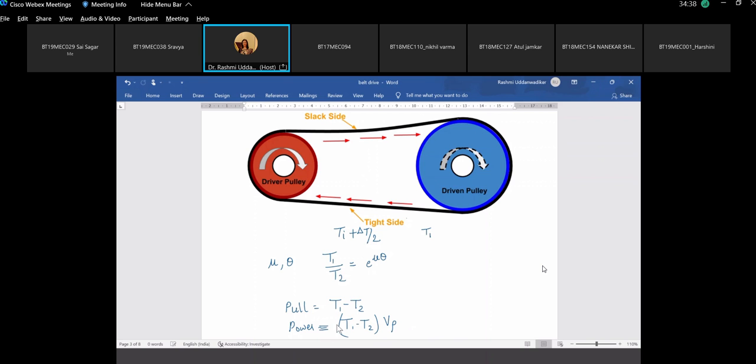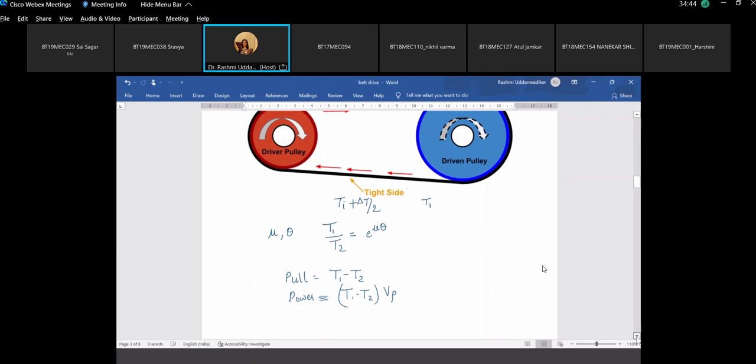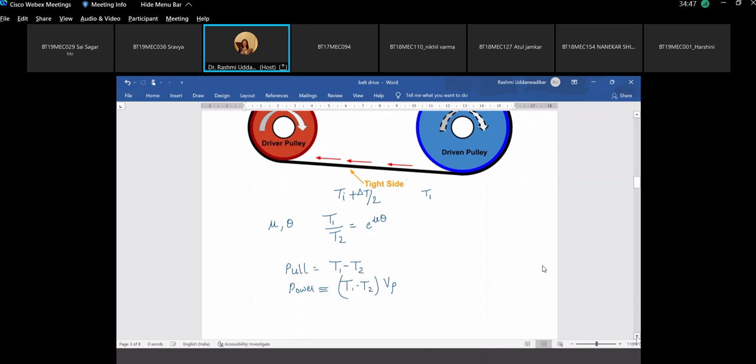Now the power transmission would be more if the difference between T1 and T2 is more. If T1 minus T2 is more, the value of power transmission will increase.